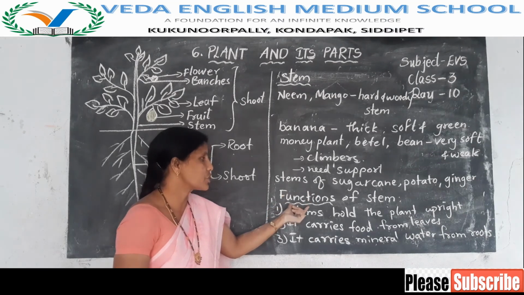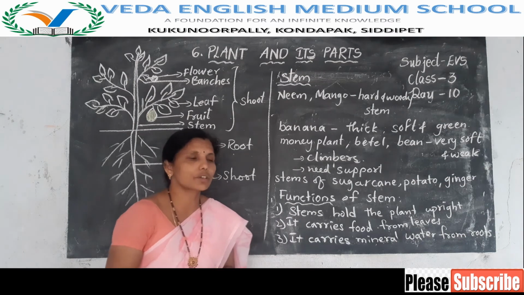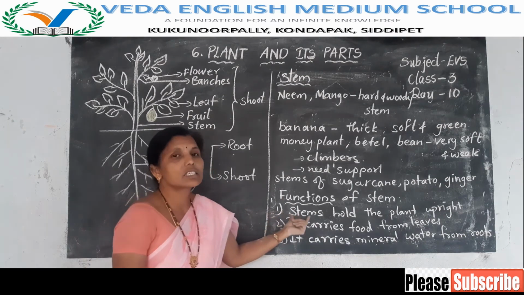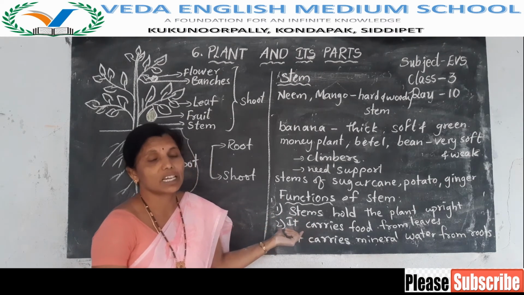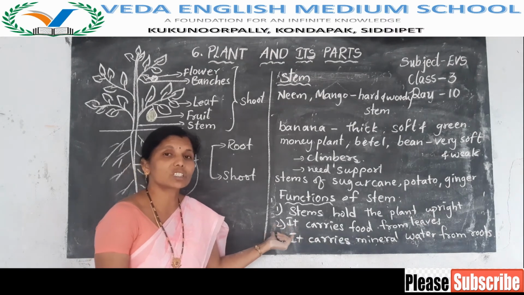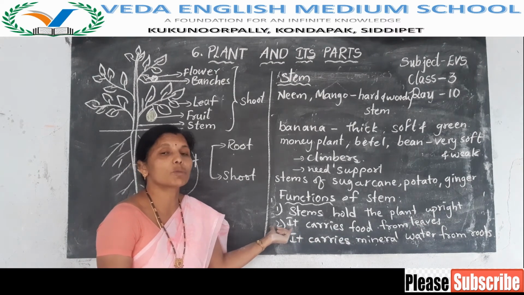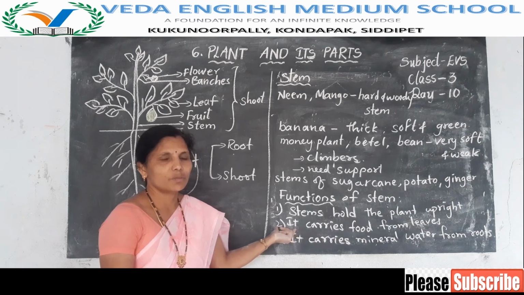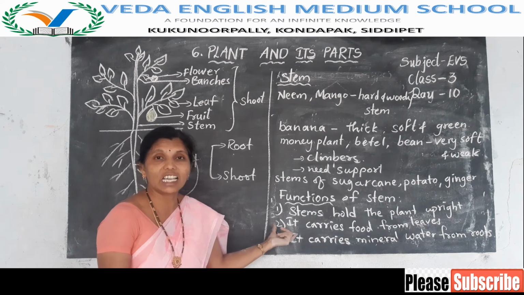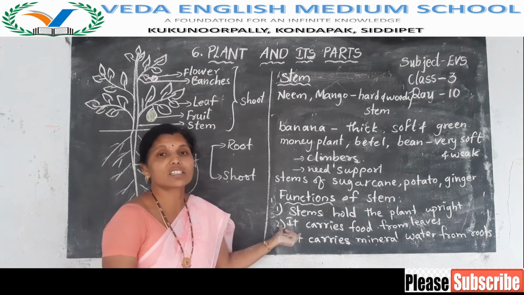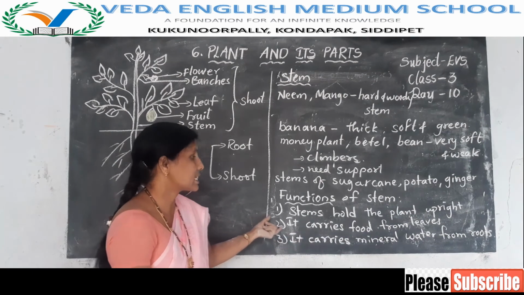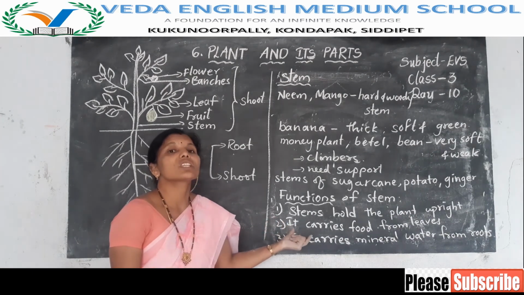Okay, next, functions of a stem. So what are the functions of the stem? The stem holds the plant upright. It gives support to the parts of the plant which are above the ground, means it gives support to the branches, leaves, flowers, buds, fruits. And next, it carries food from leaves.